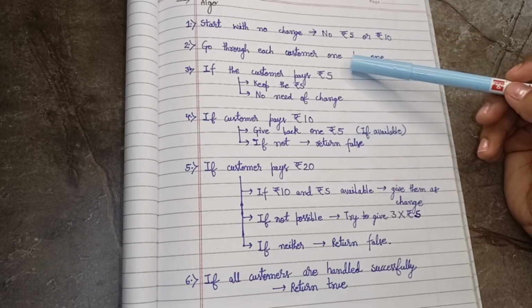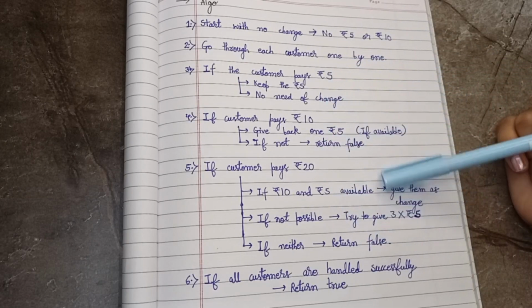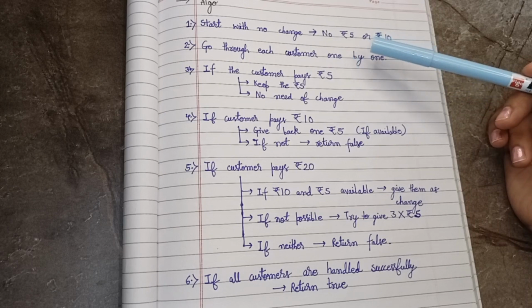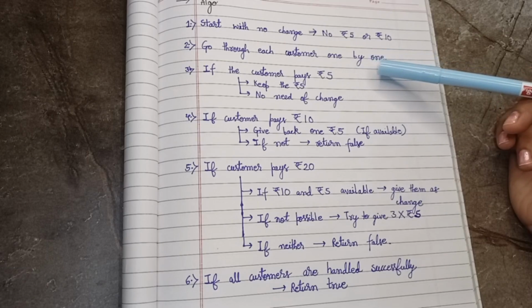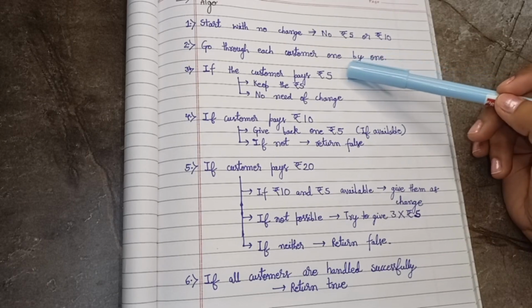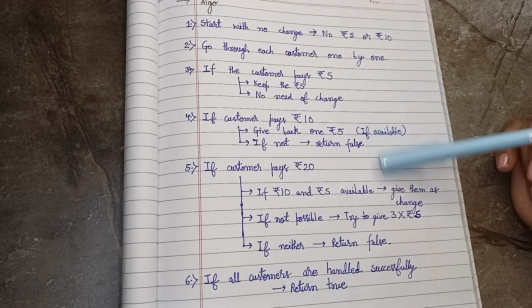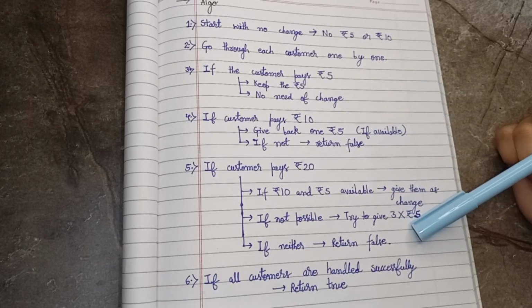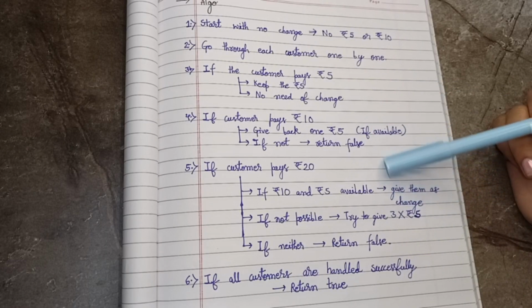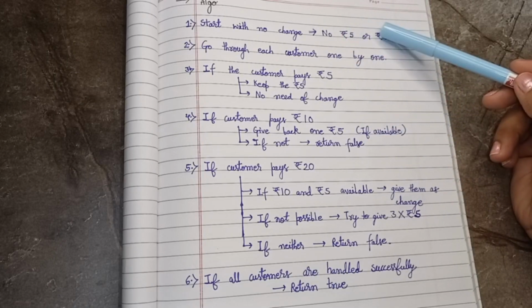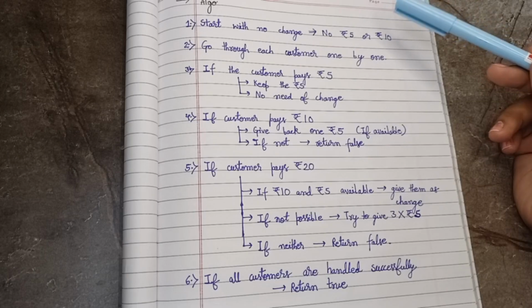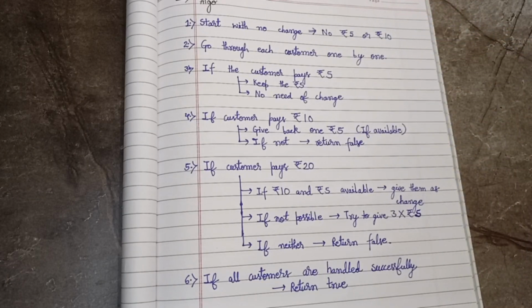Then we are traversing the whole loop for the customers, so that will hold a time complexity of O of n, because we are traversing the whole size n. And for the space complexity, we are using just two extra variables, so that would be O of 1 only. I hope I made myself clear.